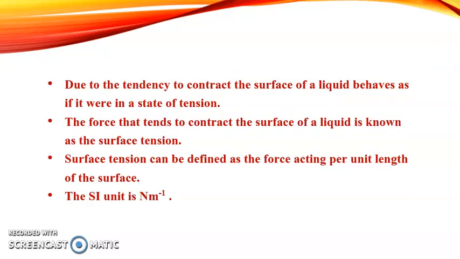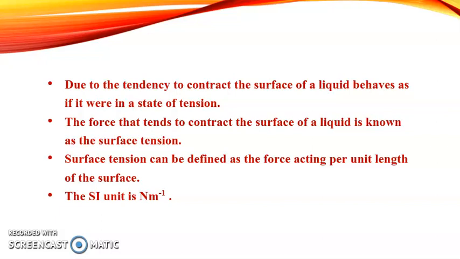Due to the tendency to contract, the surface of a liquid behaves as if it were in a state of tension. Due to the unbalanced downward force experienced by the surface molecules, it behaves as if the surface is in a state of tension. The force that tends to contract the surface of a liquid is known as surface tension.